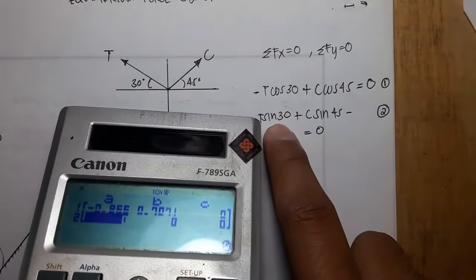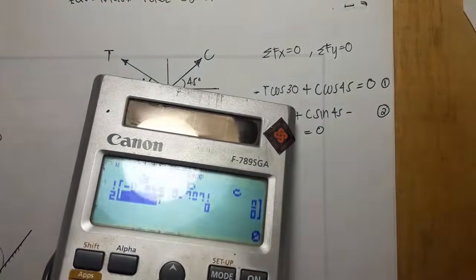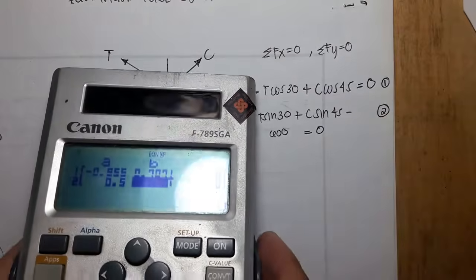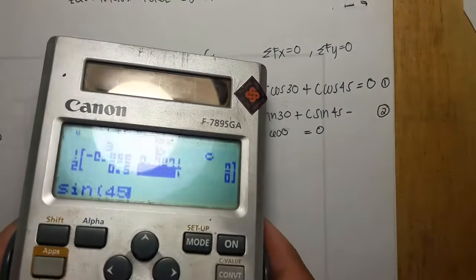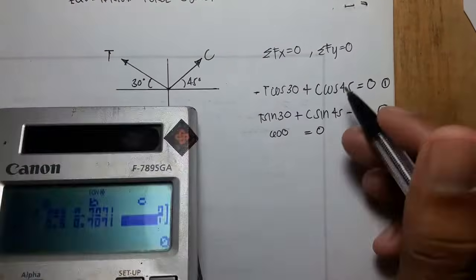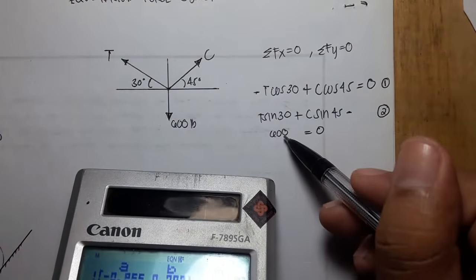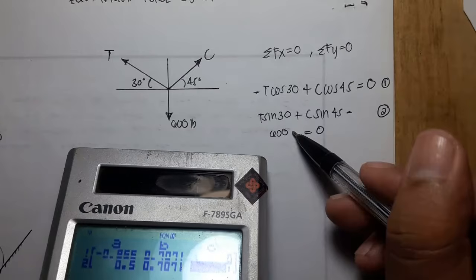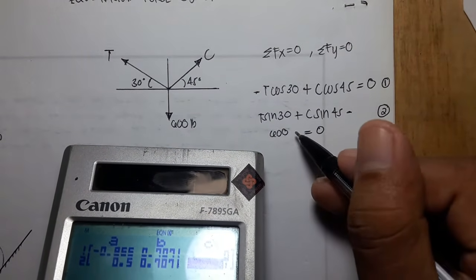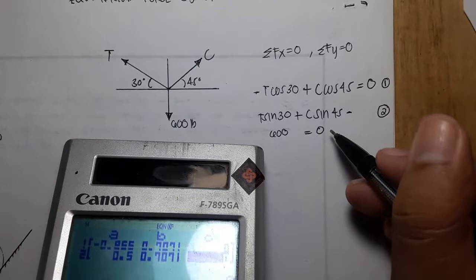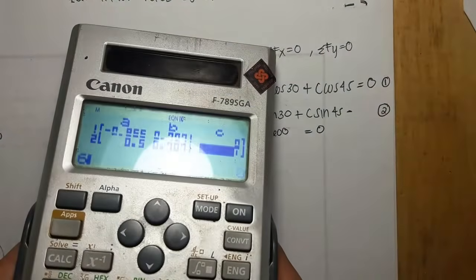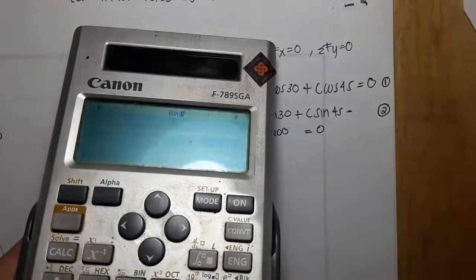Then input sine 30, then also sine 45 positive, then because it is minus 600, the constant will always be transposed to the other side, so here it will be just positive 600.